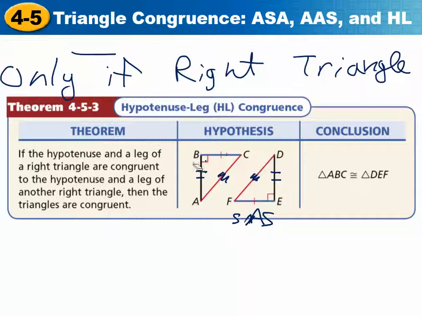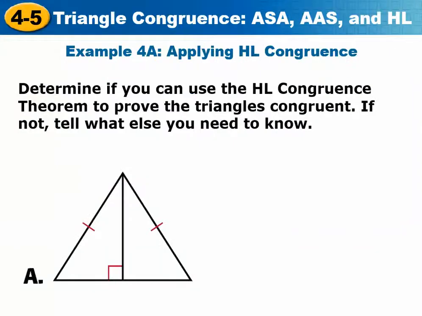But if in this picture you know the hypotenuse and one leg, then you can use hypotenuse leg. So it's not always used for right triangles, only if you know the hypotenuse and one leg and then of course a right angle.